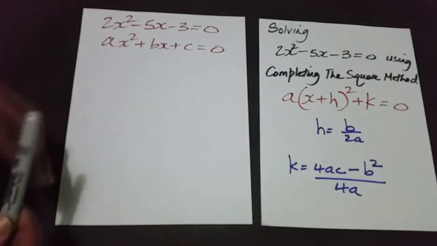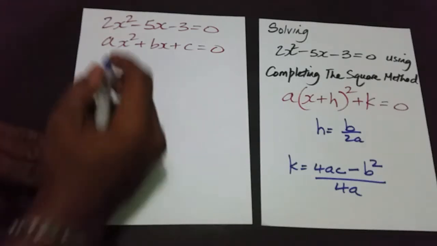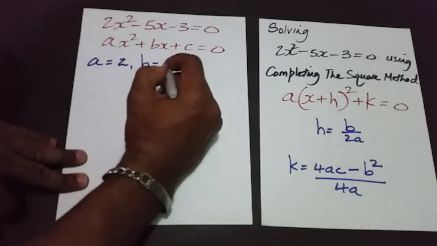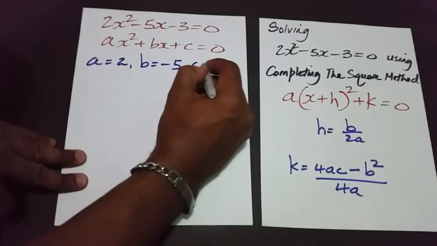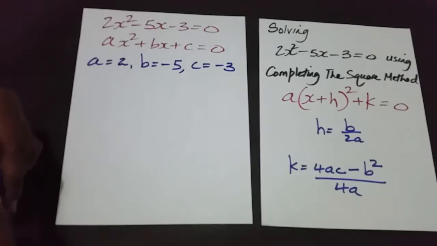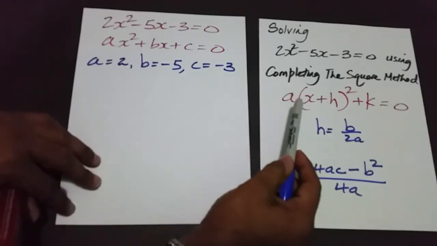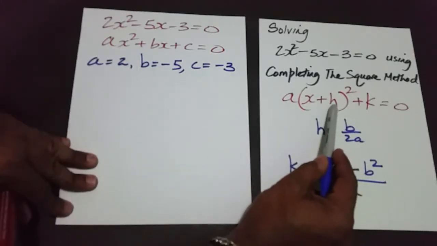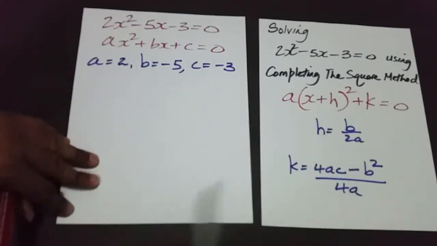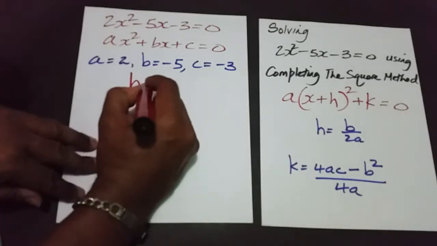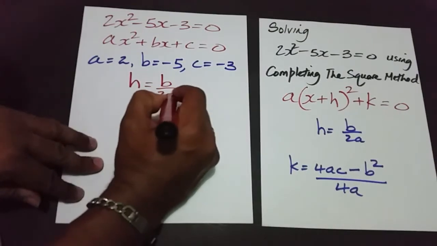So in this particular case, you can clearly see that the value of a is 2, the value of b is −5, and the value of c is −3. So remember, as far as the completed square form goes, we need the value of a, which we have here. We need to find h, so we need to employ the formula to determine what h is. So h = b/2a.